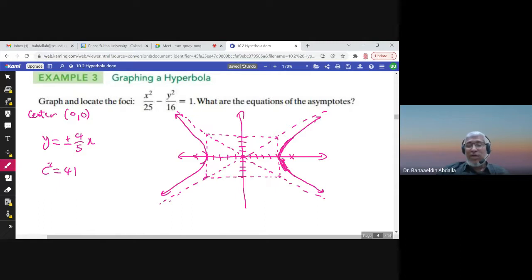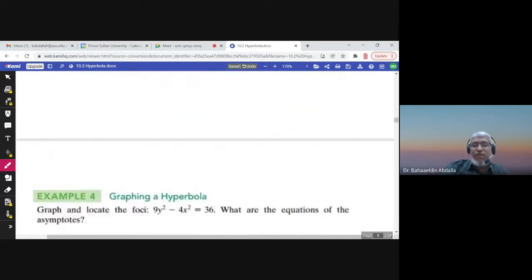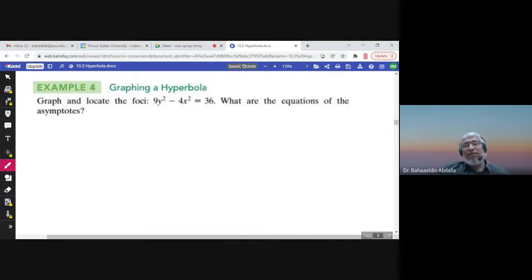The foci would have coordinates plus or minus square root of 41 and 0. And the vertices here, if you like, are plus or minus 5 and 0. These are the vertices. Graph and locate the foci.